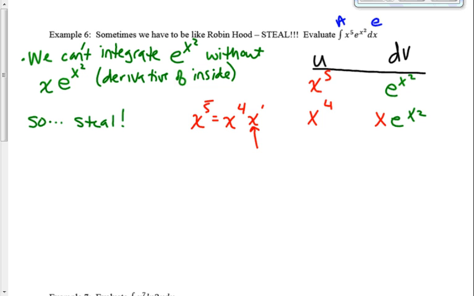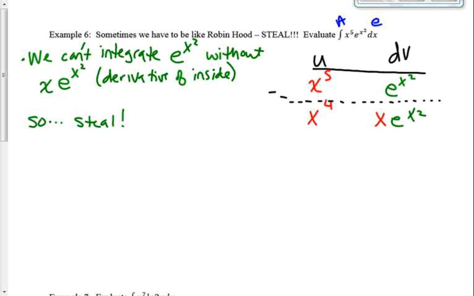So I haven't changed what I have when you multiply across. That's the key. When you multiply across, I still have x to the fifth e to the x squared. But I did make a little bit of a change. So I need to put a little dashed line in here to kind of indicate I didn't actually use that top line at all. I had to rewrite it before I could use it.